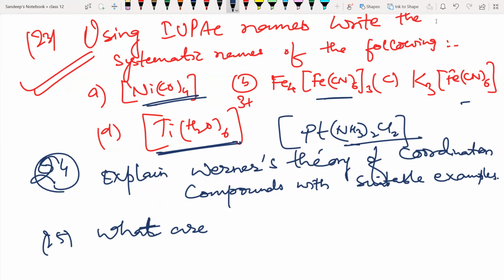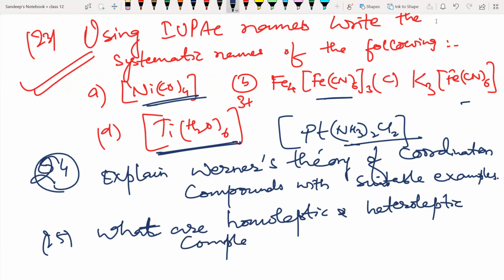Only one type of ligand, homoleptic. Give one example of each type.